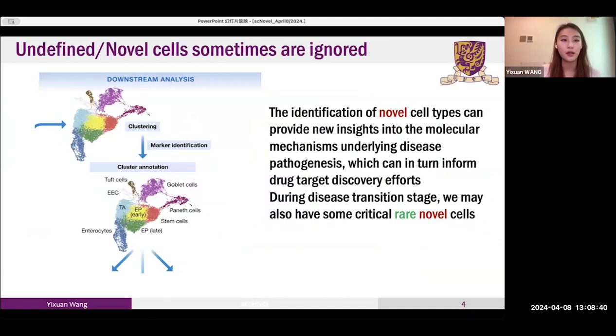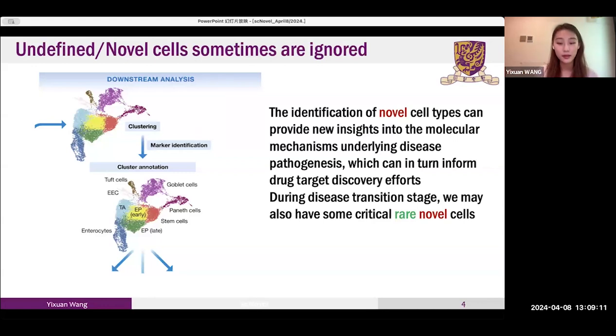In this process, it is common to discover some novel or even rare cell types that were previously unknown or underrepresented in the existing knowledge. I guess this is one of the exciting aspects of single-cell analysis, as it allows us to uncover previously uncharacterized cellular heterogeneity and also explore our understanding of new cell populations.